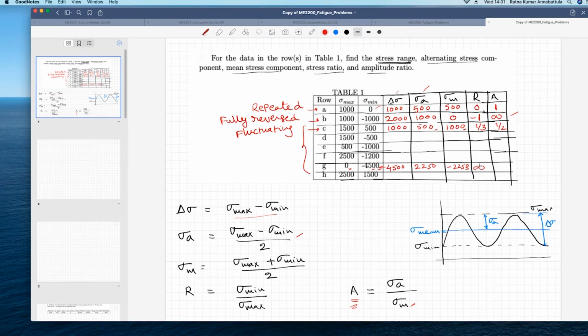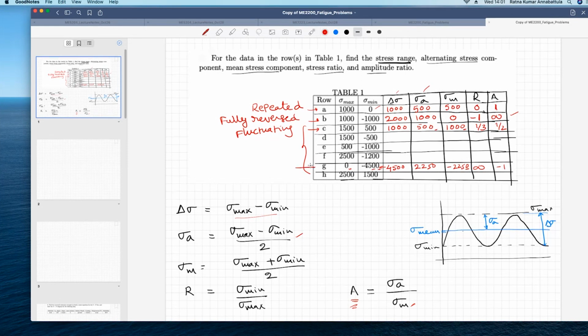So when your stress ratio is 0, it actually means that you are working in completely compressive stress state. And amplitude ratio is sigma A by sigma m, that is again -1. Right? Because sigma A is 2250, sigma m is minus 2250, so -1.